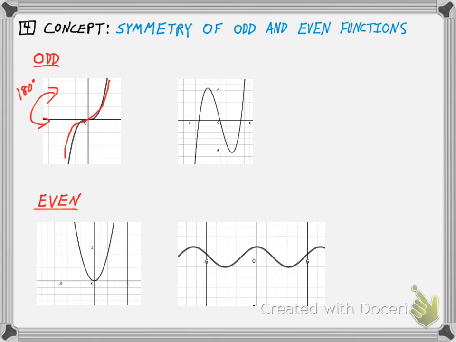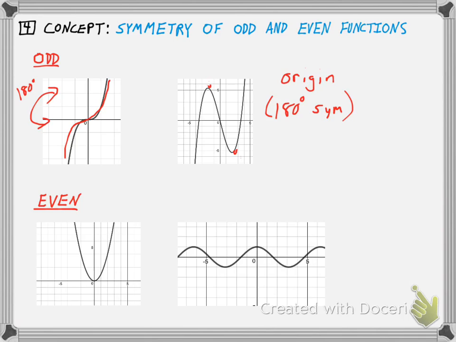If I looked at the second graph and I spun it 180 degrees, you can see that those 2 points would be interchanged, but you'd get a graph that was exactly the same as the original. So if a graph has origin symmetry, or another way of naming that is 180-degree symmetry, then it is an odd function. So if you just look at a graph, you should be able to tell that right away. It does have to be centered at the origin, very important.